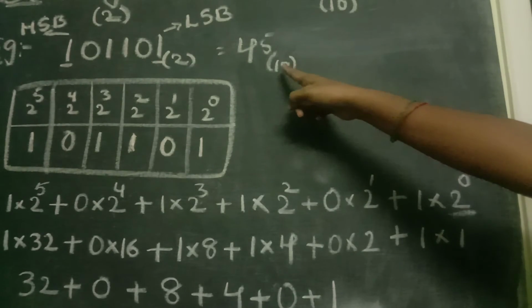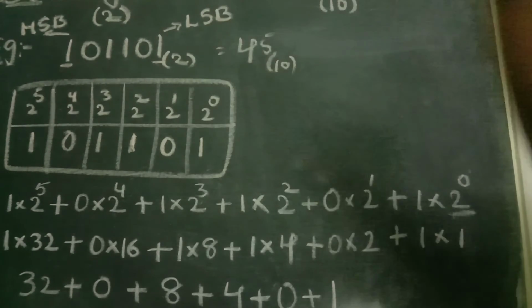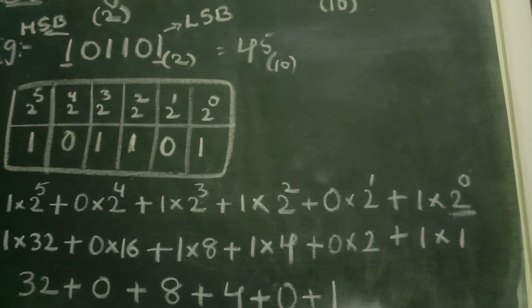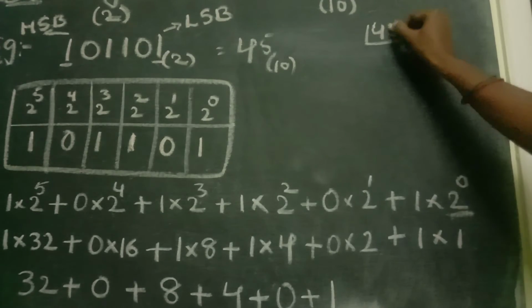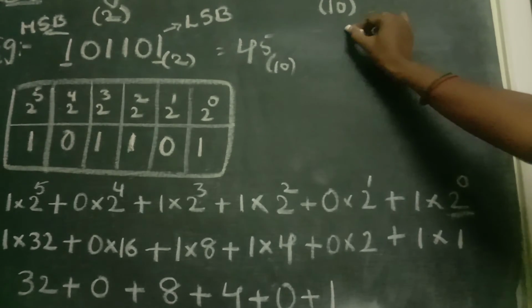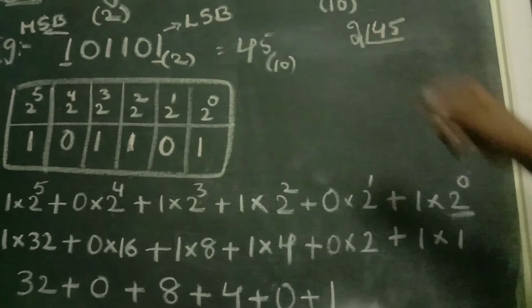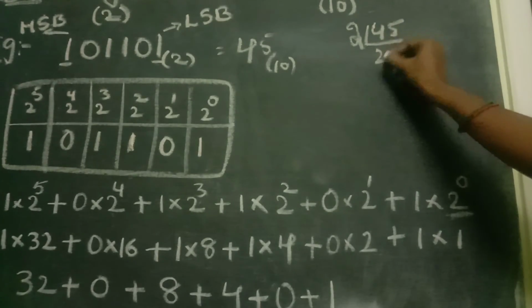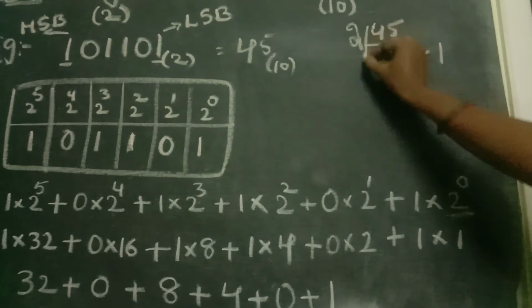Now we verify that the decimal number 45 is for the binary number 101101. Conversion to binary takes place by dividing by 2. 2 2s are 4, remainder 1.